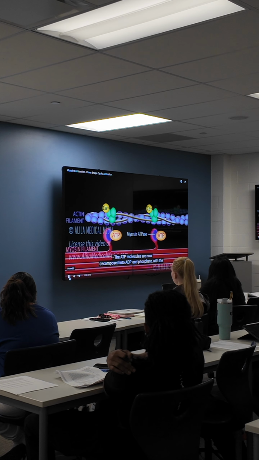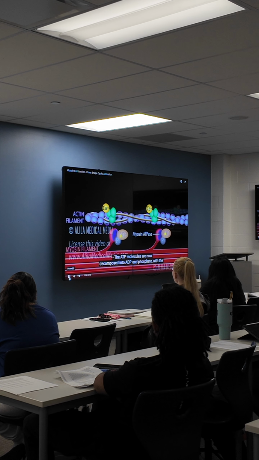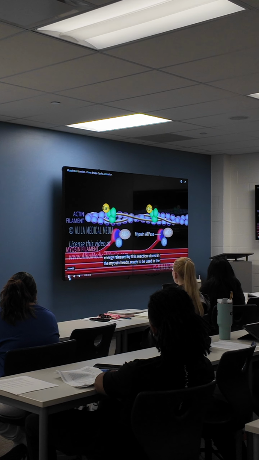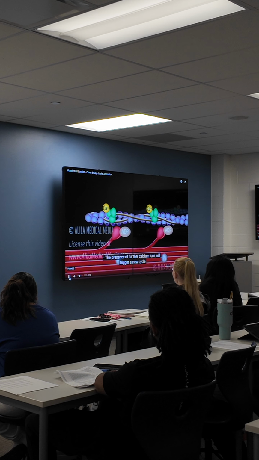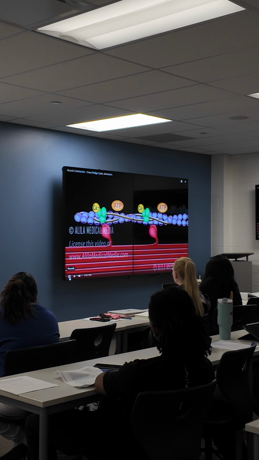The ATP molecules are now decomposed into ADP and phosphate, with the energy released by this reaction stored in the myosin heads, ready to be used in the next cycle of movement. The myosin heads resume their starting positions along the actin myofilament and can now begin a new sequence of actin binding. The presence of further calcium ions will trigger a new cycle.